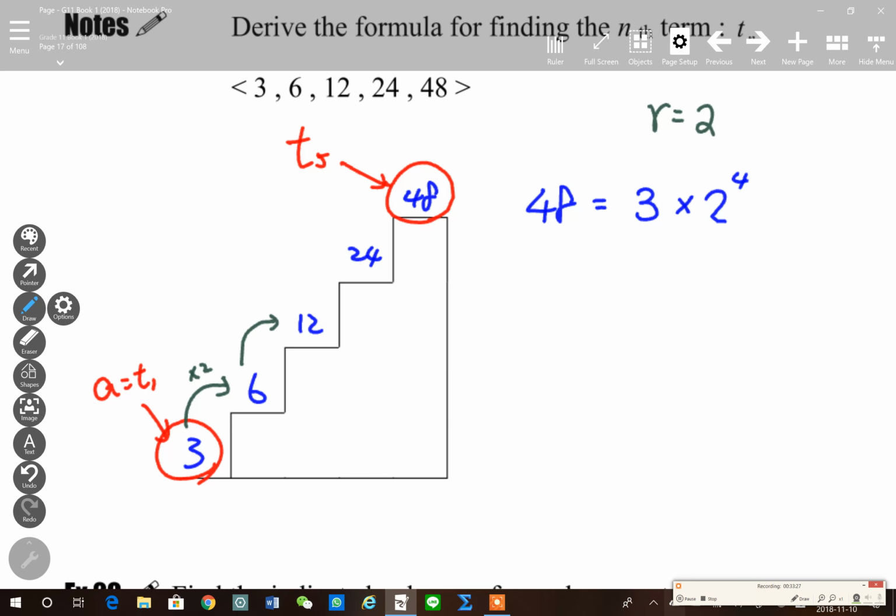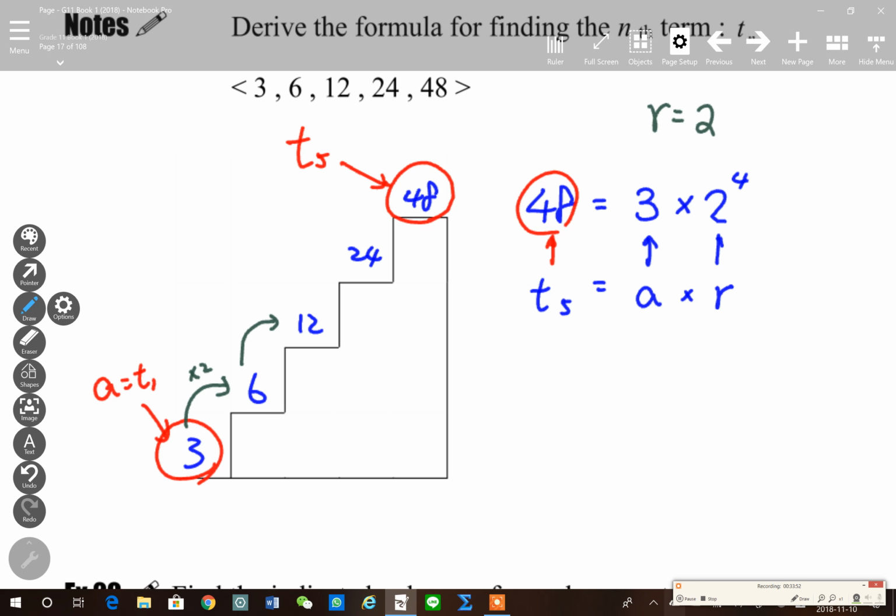We count the stairs. So let's figure out what each part means. This is T5. This is A. 2 is, what's the 2?